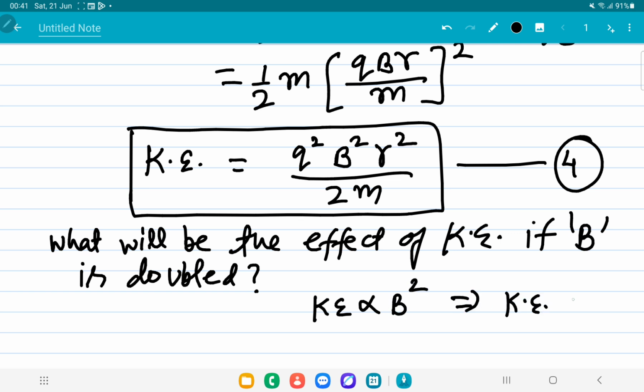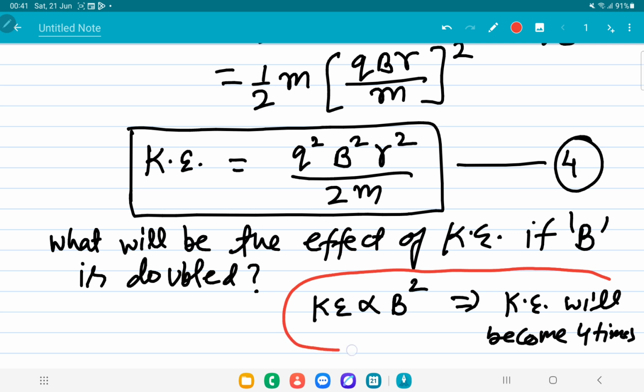So kinetic energy will become 4 times. But this is wrong. That is why I said that the formula is slightly misleading.